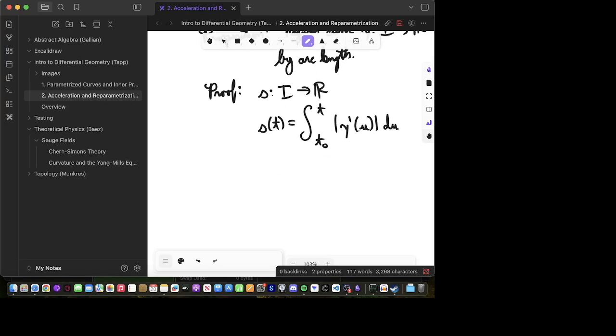And if we take a look at this, we have that S prime of t is equal to the norm of gamma prime of t because of the fundamental theorem of calculus. You can think of it rather intuitively as the derivative sort of canceling out the integral, so we get this. And we know that this norm is not equal to 0 because gamma is a regular curve, so gamma prime is not going to be equal to 0.